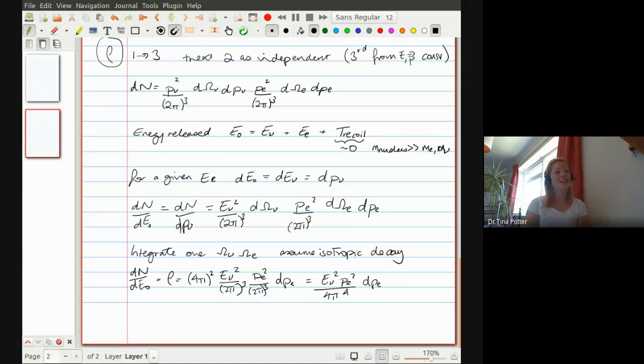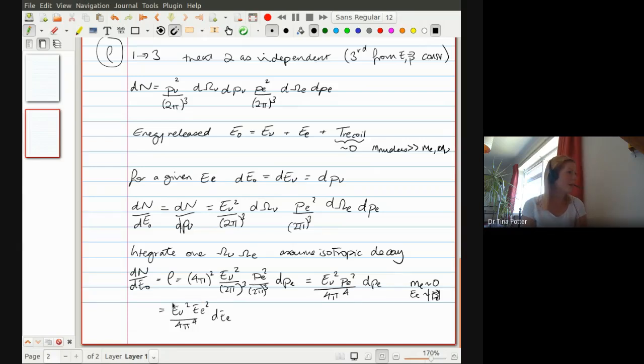We can simplify this a little bit more. For example, we can take the mass of the neutrino to be roughly 0, so that its energy is roughly its momentum. And we can rewrite this as E_nu squared over 4 pi to the 4 dE.